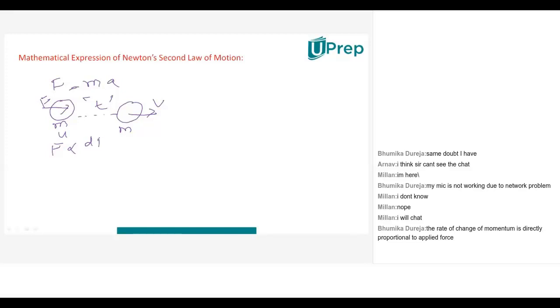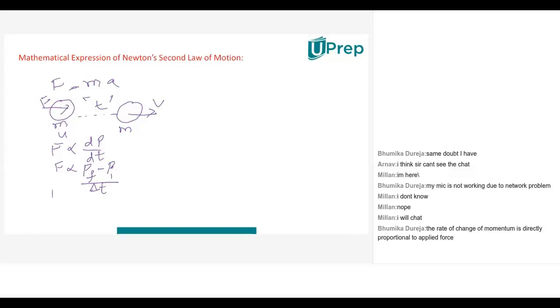And what must be the initial momentum? mu. Why are we writing mu? Initial velocity is u. Mass is m. That's why we are writing it. So Pf is equal to mv, and Pi is equal to mu.